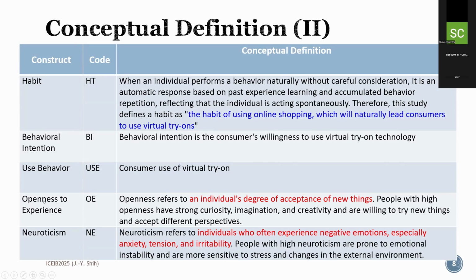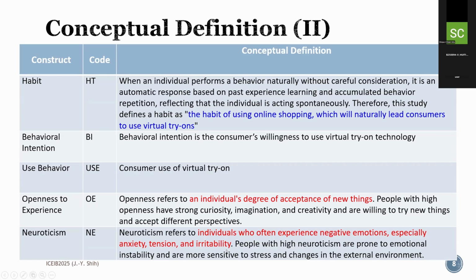The first one is openness to experience. We define openness as an individual's degree of acceptance of new things. We assume that people with high openness have strong curiosity, imagination, and creativity, and are willing to try new things and accept different perspectives. As to neuroticism, we define it as individuals who often experience negative emotions, especially anxiety, tension, and irritability.